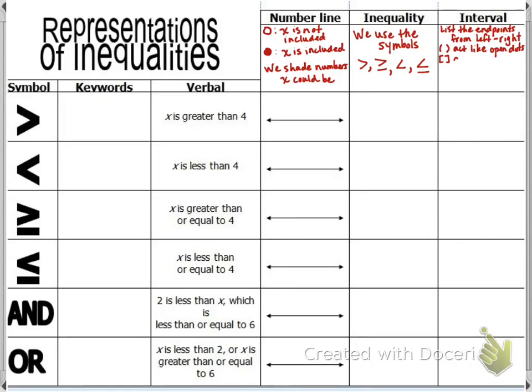Brackets act like closed dots or circles. And then we have infinity and negative infinity, which act as our arrows on the number line.